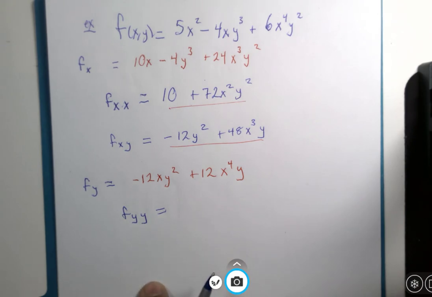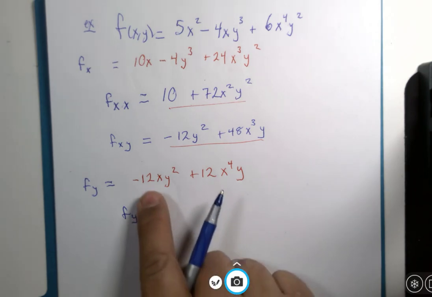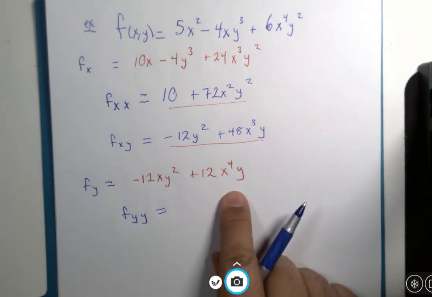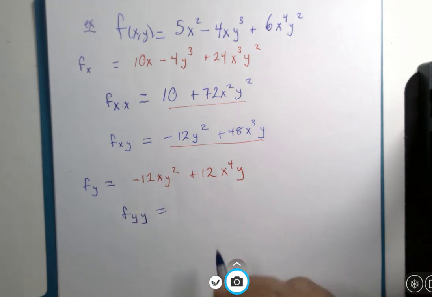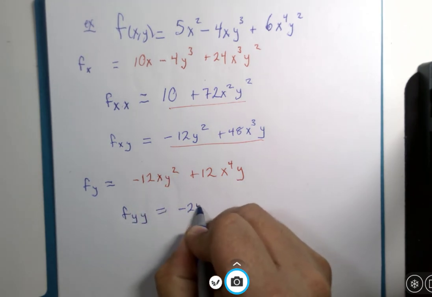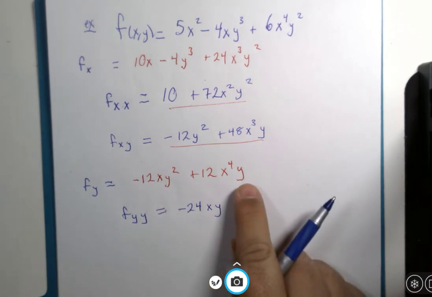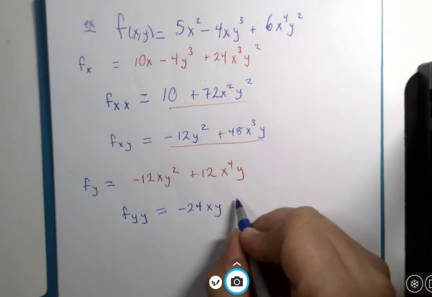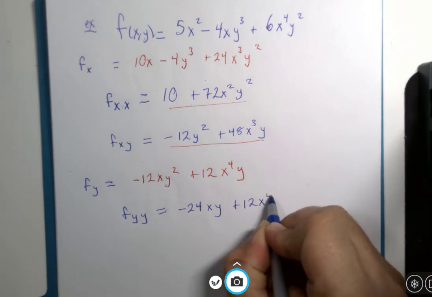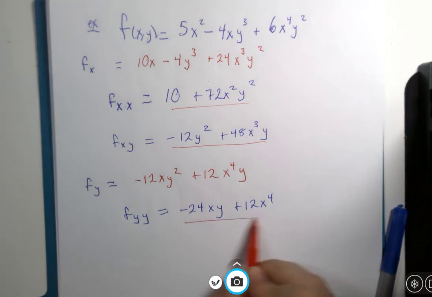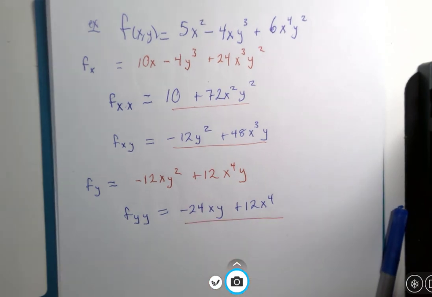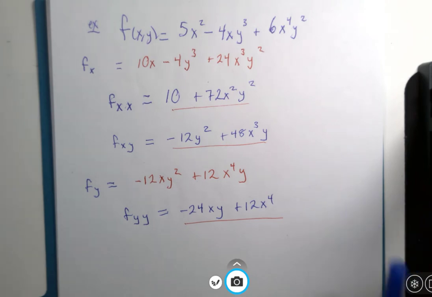No fantastic discoveries yet, but give me just a moment and I'll hint at some things that you should follow up with. Let's do this calculation. So start with this and then take the y derivative again. 2 times that would be negative 24x y to the first. Y is the variable here, derivative of y is 1, plus 12x to the fourth. Second partial with respect to y.